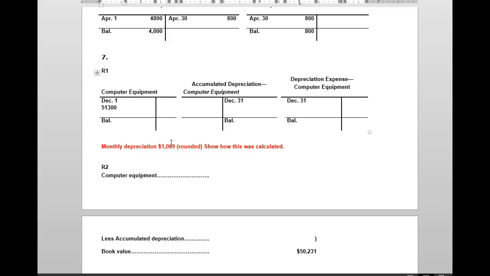And now I come to the adjustment period time, and I need to record the depreciation expense. So I debit here, and we use an account that's called accumulated depreciation, which is called a contra account, which is an adjustment account used against a permanent account, such as a balance sheet asset account.